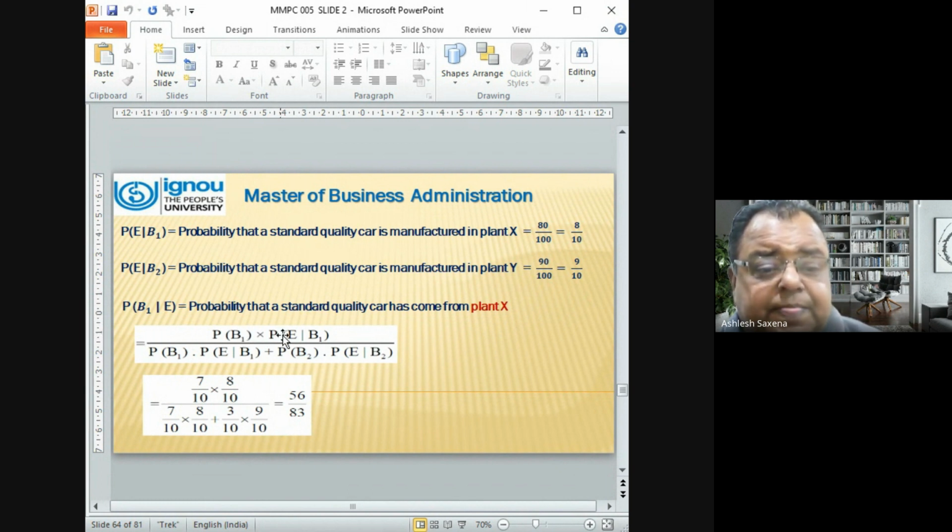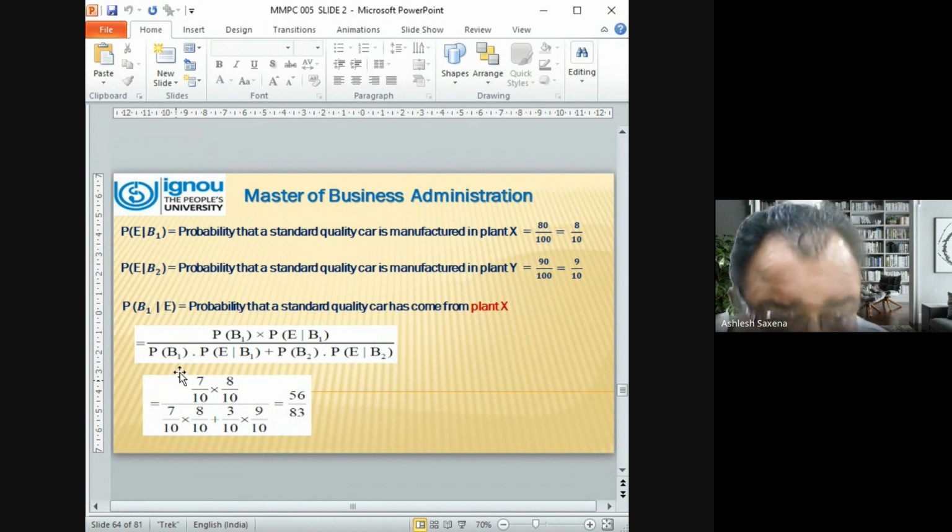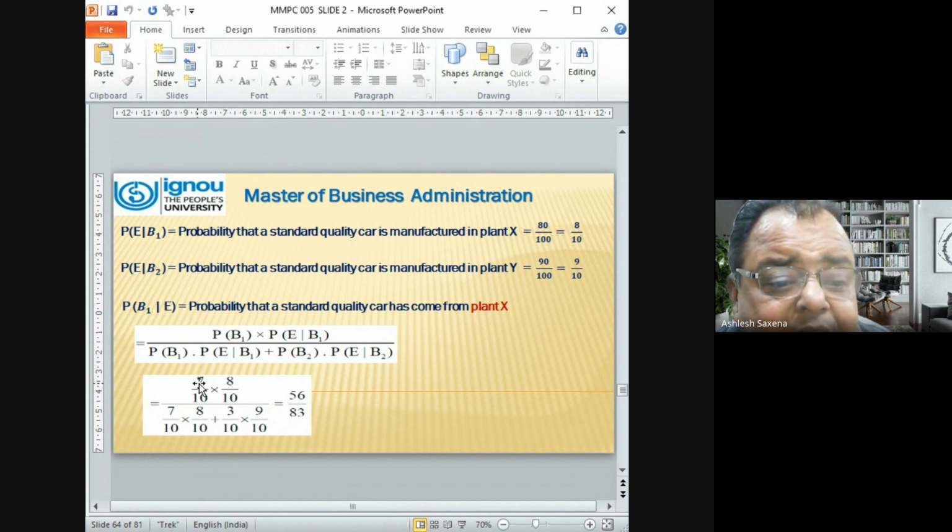Probability of selecting plant X into the probability of getting a standard quality car from that plant, divided by P(B1) into P(E/B1) plus P(B2) into P(E/B2). We have these values. For solving this, you multiply this by this, right over here, 56.